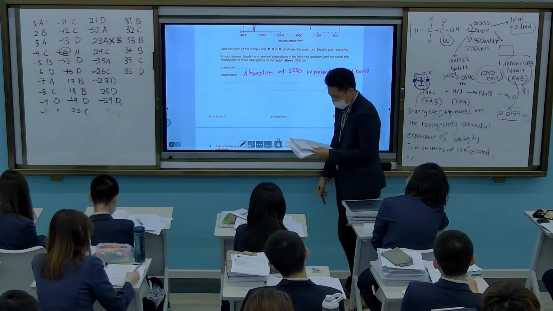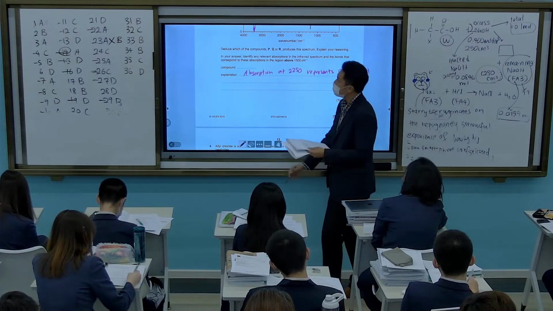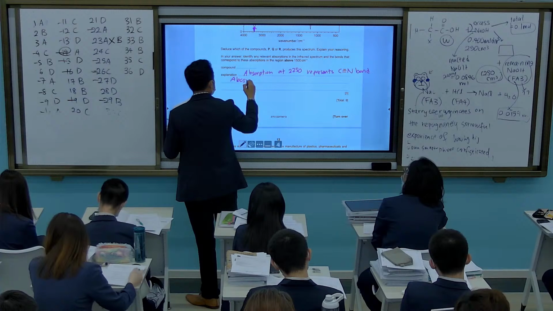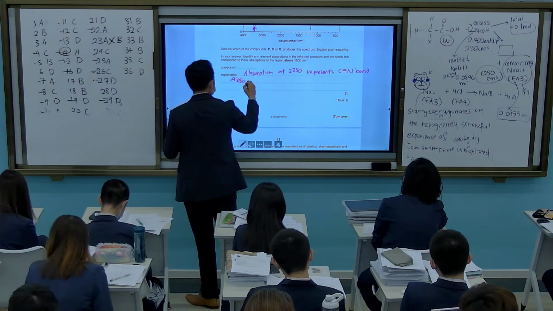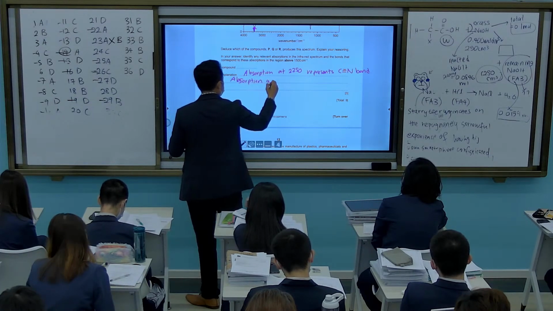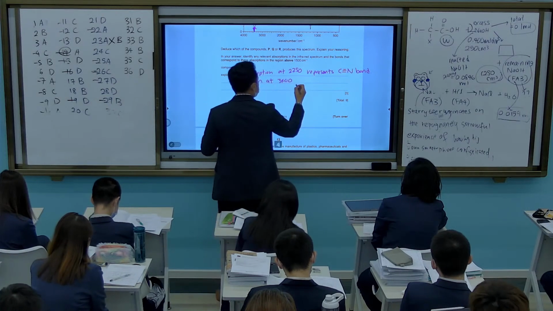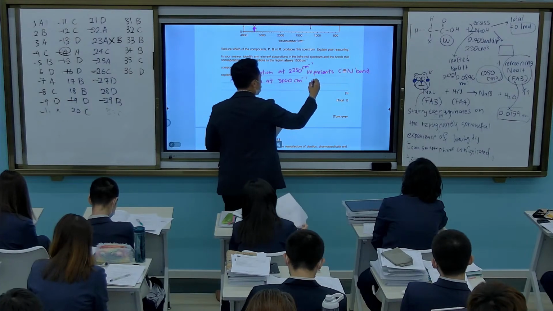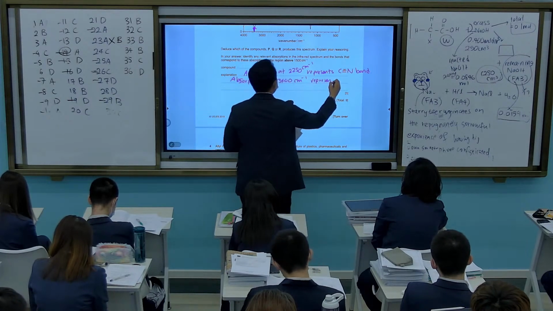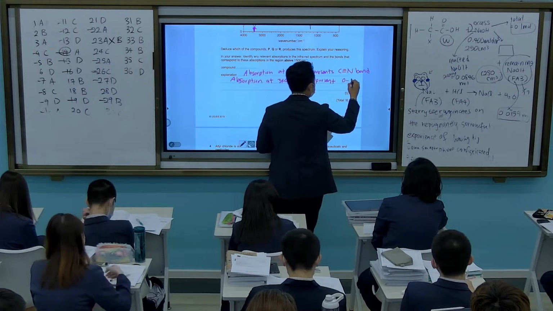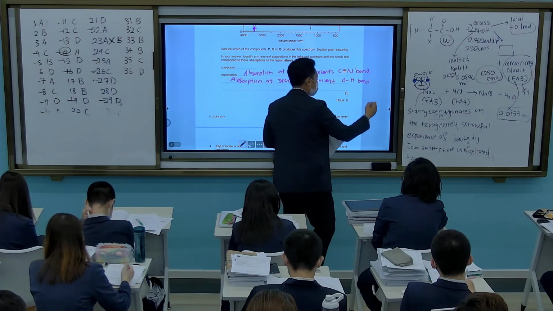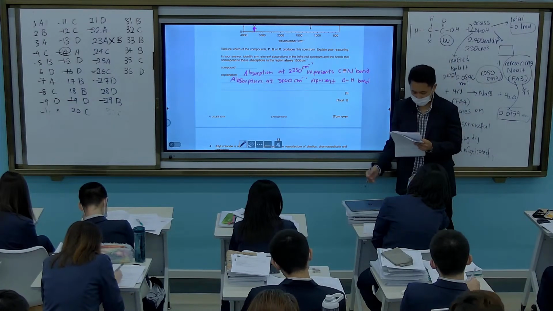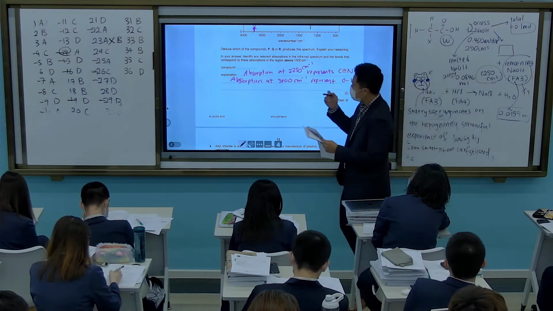Then another one here is around 3,400. Do not forget to write down the units, cm minus 1. It represents the OH bond. Compound P.